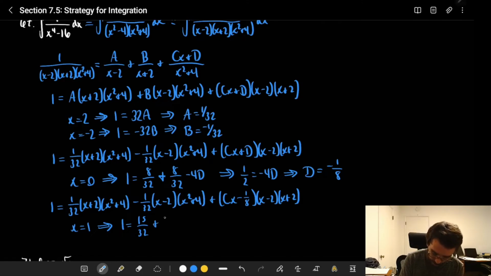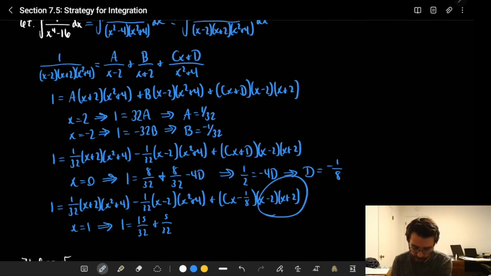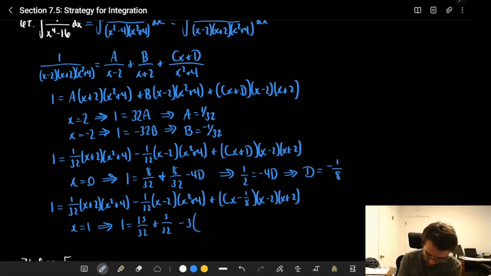5 over 32. If I plug in 1 to these bits, I get negative 1 times 3 is negative 3. That's negative 3C minus an eighth.